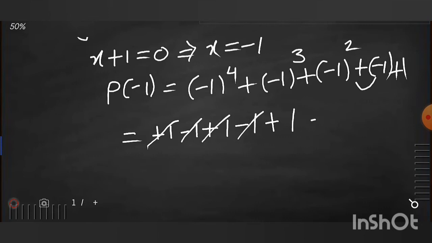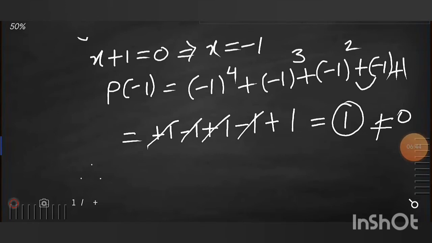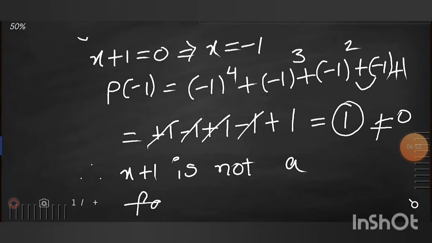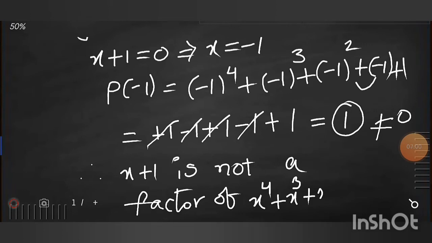Now the final result will be 1, which is not equal to 0. Therefore x plus 1 is not a factor of x power 4 plus x cube plus x square plus x plus 1.